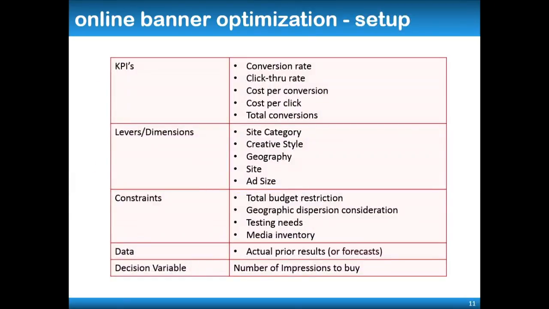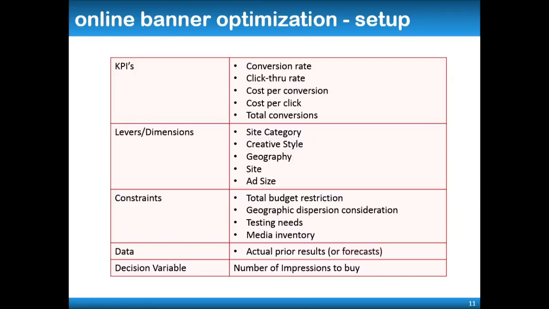If we break that down into the setup steps that we've walked through, the KPIs, as I mentioned, are conversion rate, click-through rate, cost per conversion, cost per click, and total conversions. Probably others would be important to us as well, for example, overall budget for solving the problem. But those are some of our core KPIs that we want to try and affect.